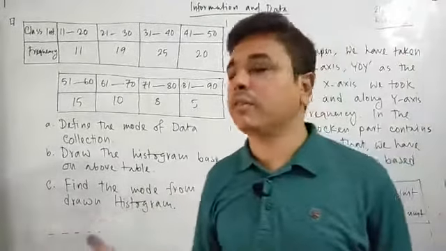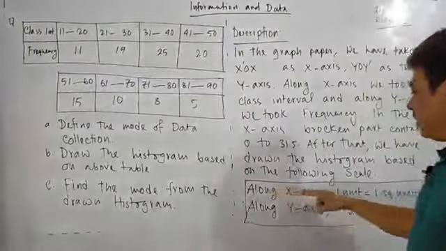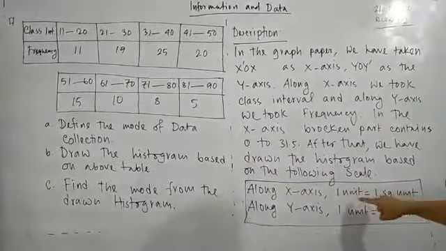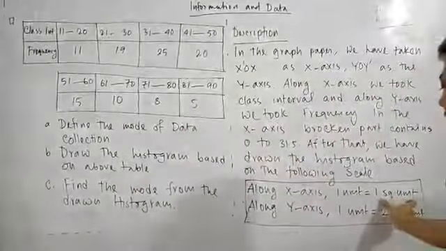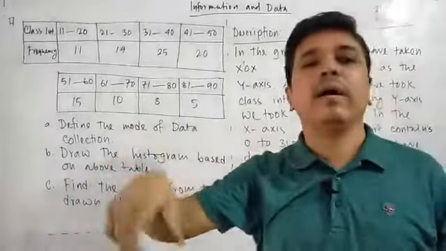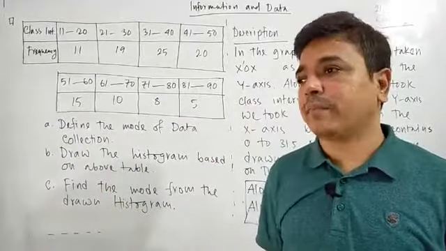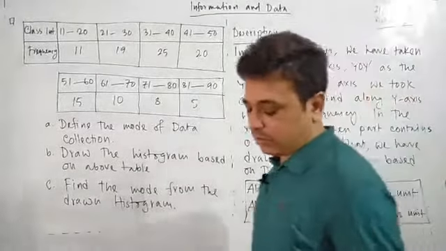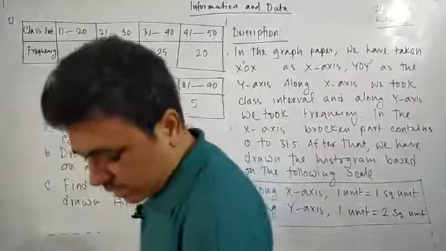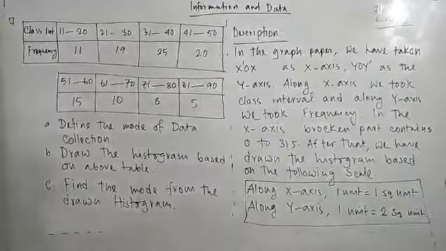You can change the unit in your own way. Look at this, 1 unit means this 5, and the square unit on the graph paper, how many units you are choosing, it is very, very important. So let's solve this one. All of you understood the question?